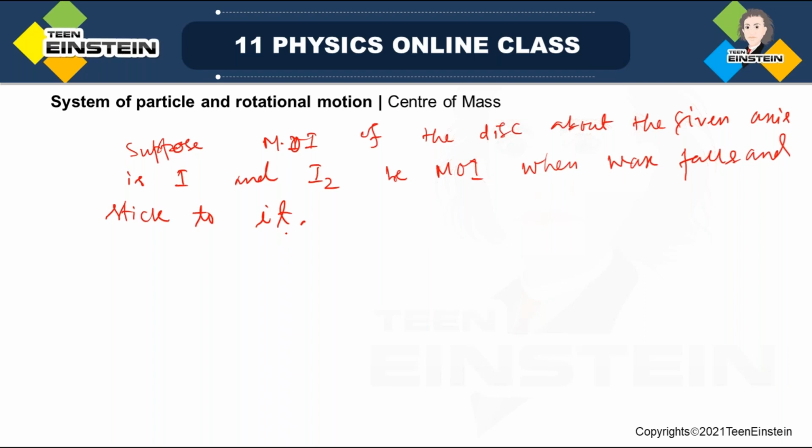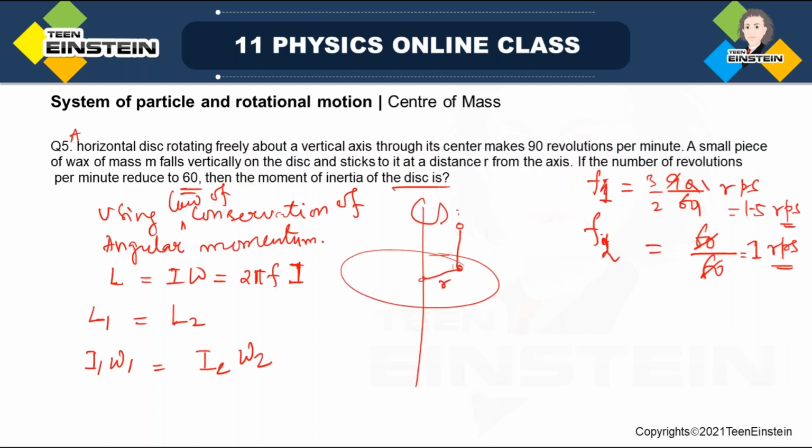So this I2 is the moment of inertia when this mass has been stuck at a small r distance from the center of mass.